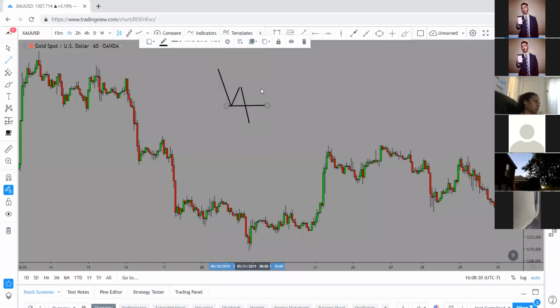When it gets broken, you can already start to see that the market is going to shift in trend, meaning that it needs to create a right shoulder. So this is the left shoulder, a lower low, lower high, and then another lower low, and then a higher high. Does that make sense?